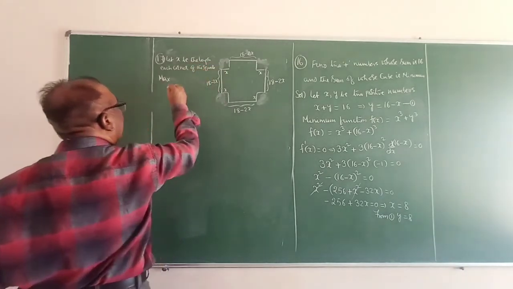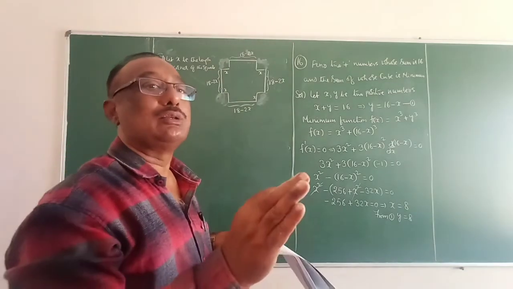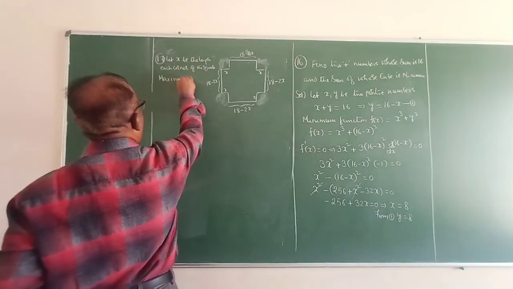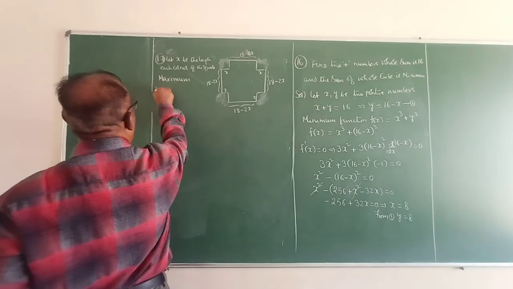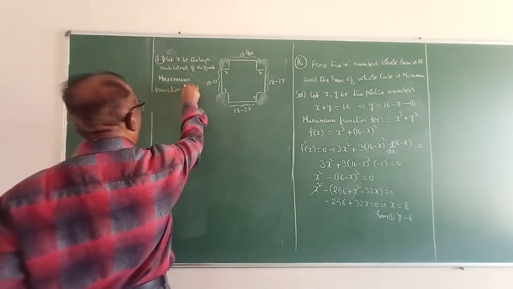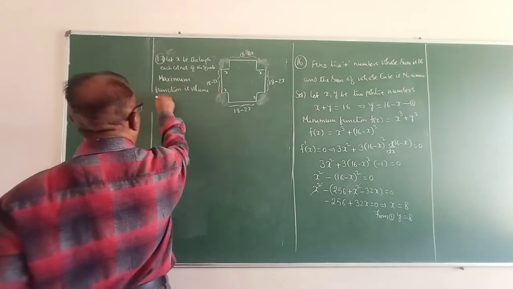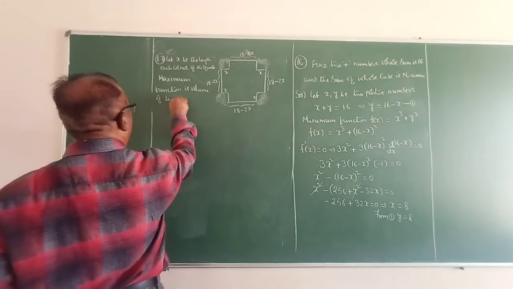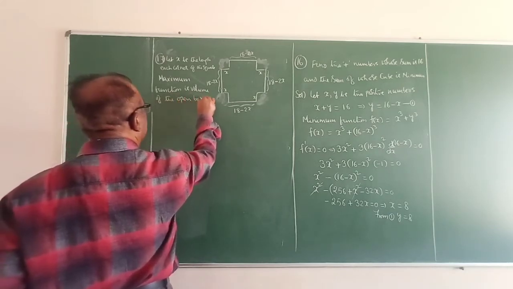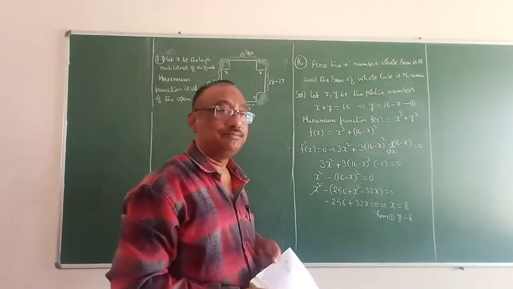Now write down: the maximum function is the volume of the open box. Volume of the open box. Right, x is the length of each corner.